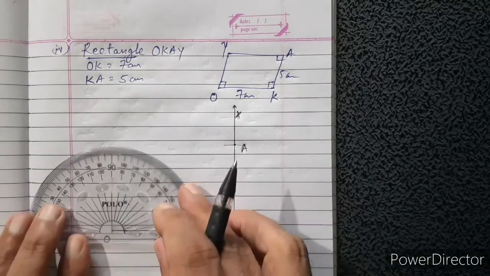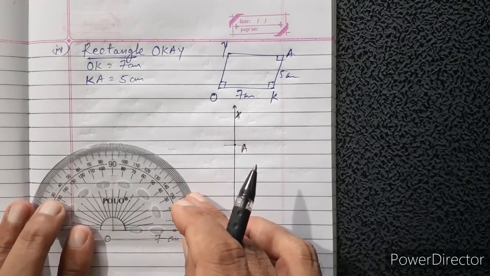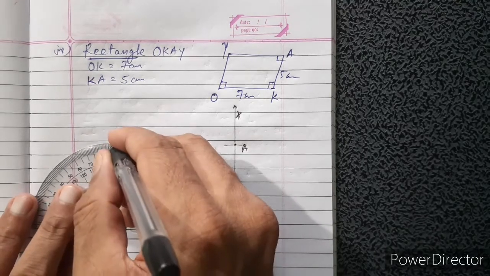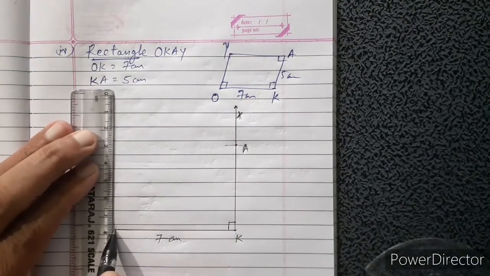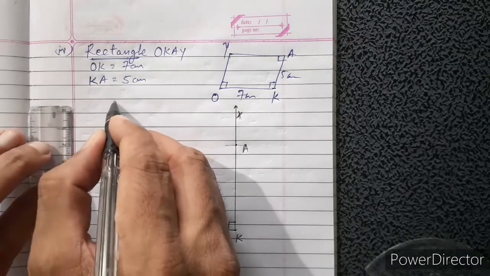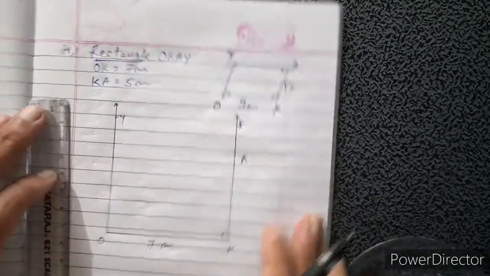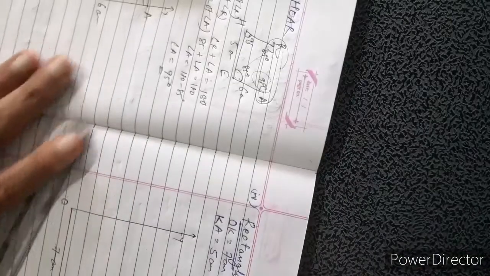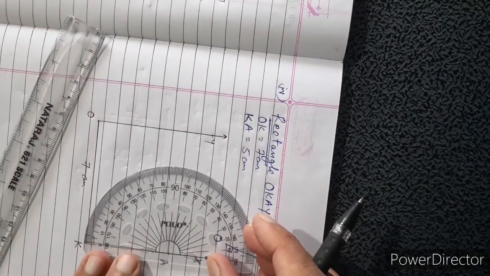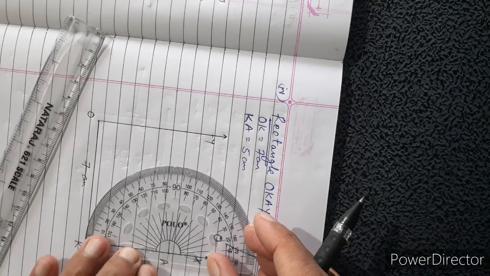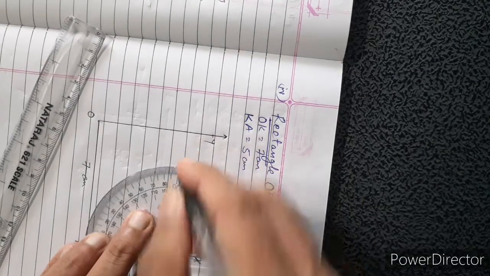Okay. Like that. It is 90-degree. It's Y. And from A also we just draw 90-degree angle with help of half circle. 90-degree.